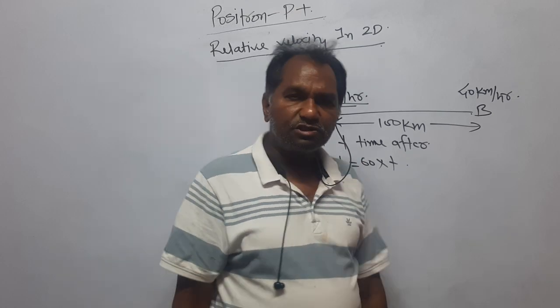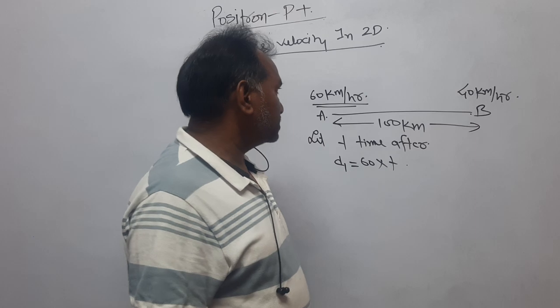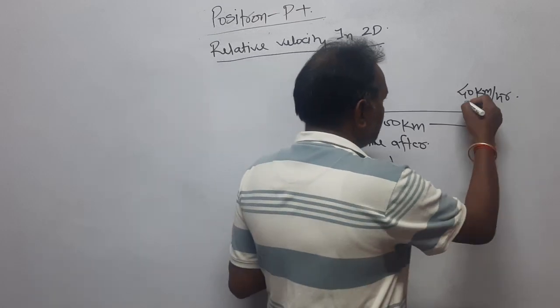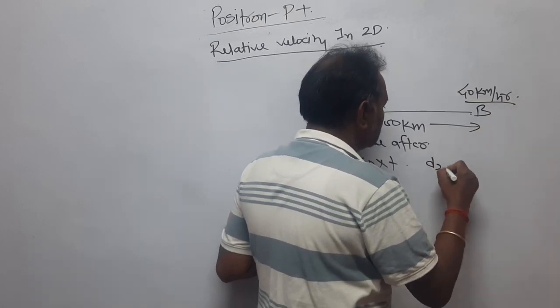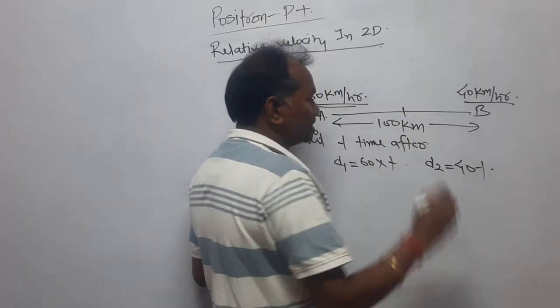The distance traveled in t time by this one is d1 equals 60t, and by this vehicle d2 equals 40t. Now let them meet here.